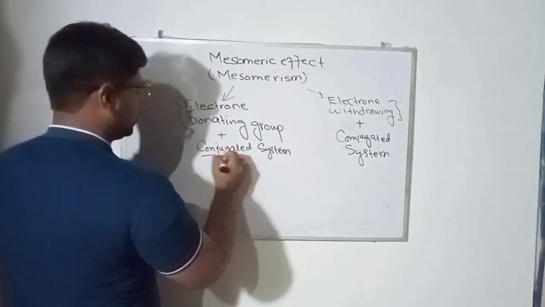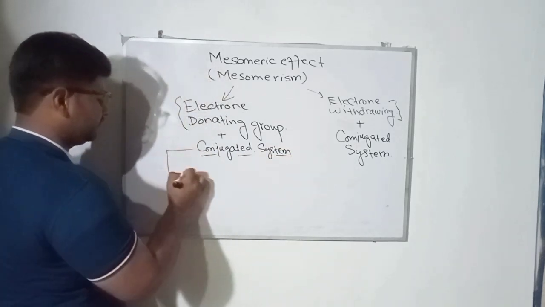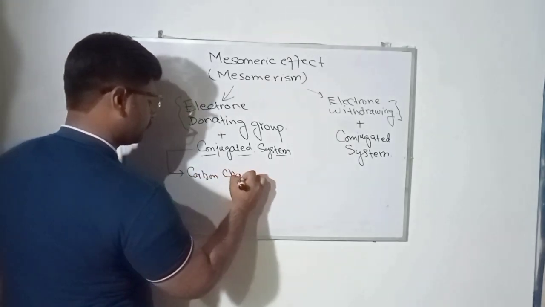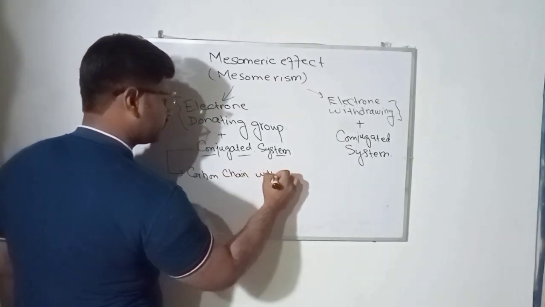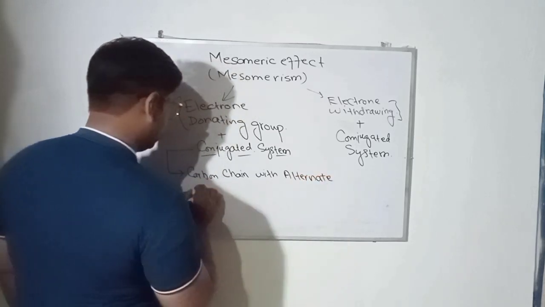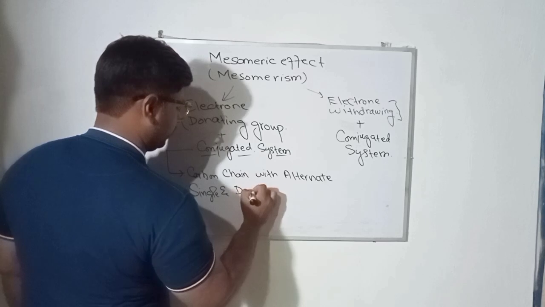Now, what is a conjugated system? Remember that it is a carbon chain with alternate single and double bond.